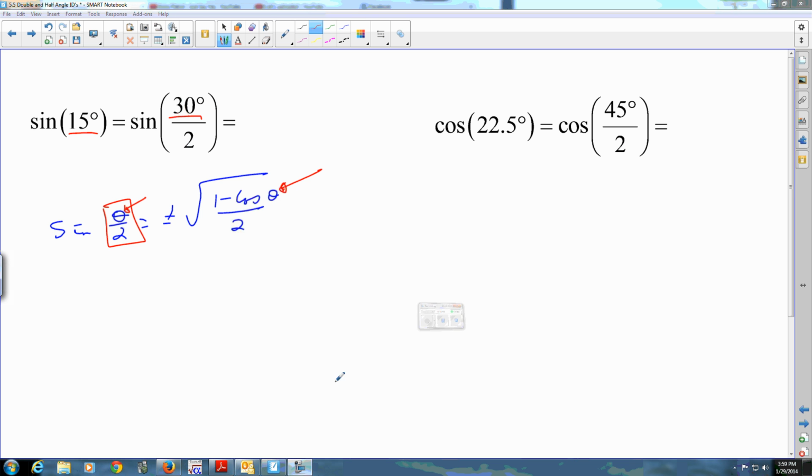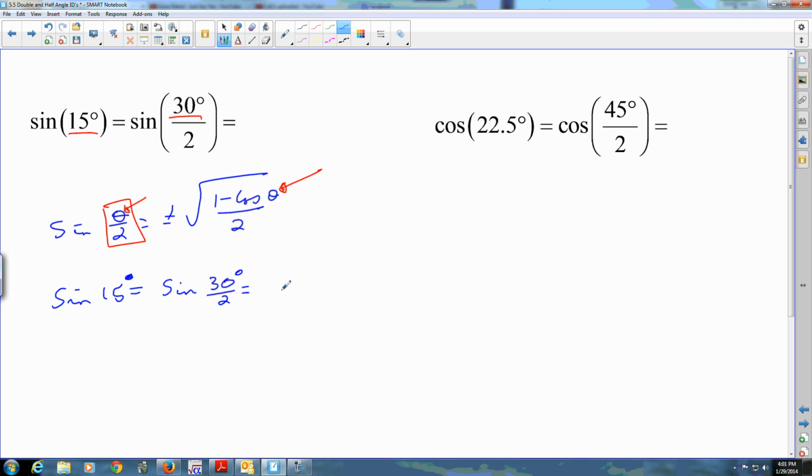Okay. Here we are, back again. So this just takes a little bit of getting used to, in that it's the half angle that you're going to fill in. 15 degrees is not an angle that you know on the unit circle. I'd like to know what it is based off of information I know on the unit circle. So if I look at that, and if I double it, this angle I do know, and this angle is what I'm going to fill in there.